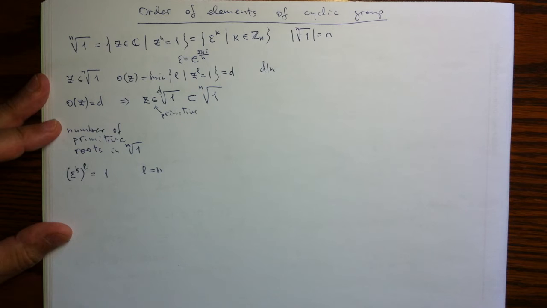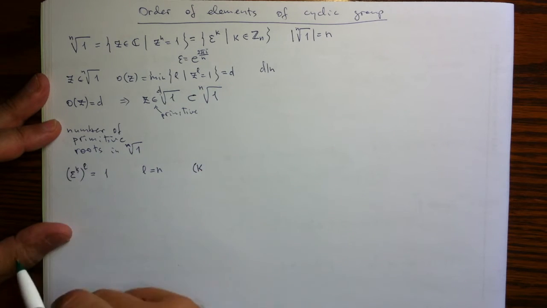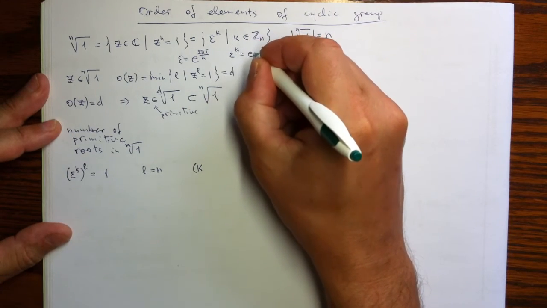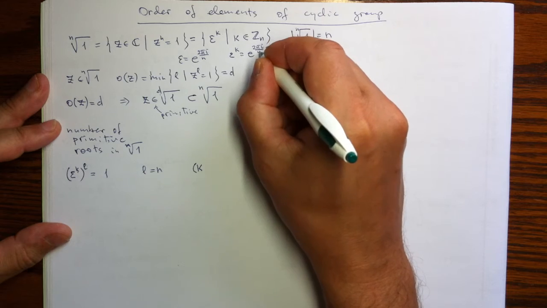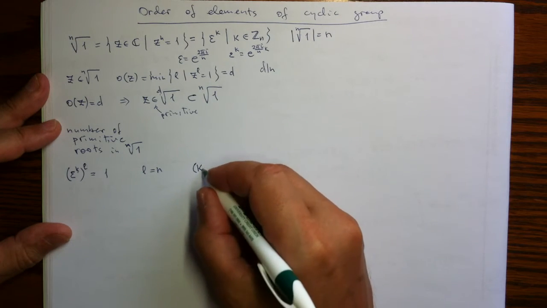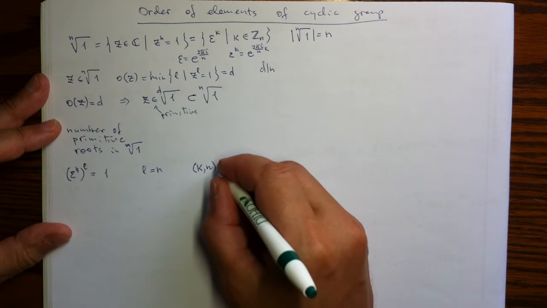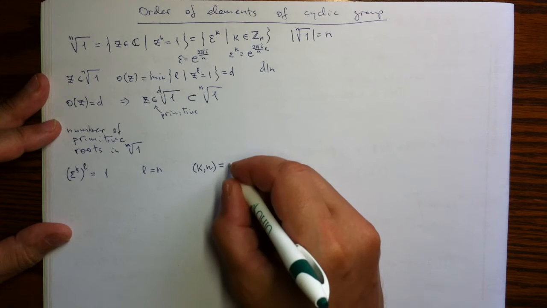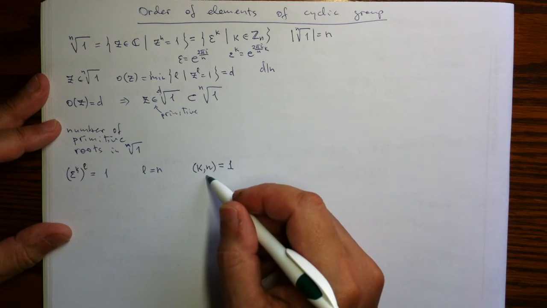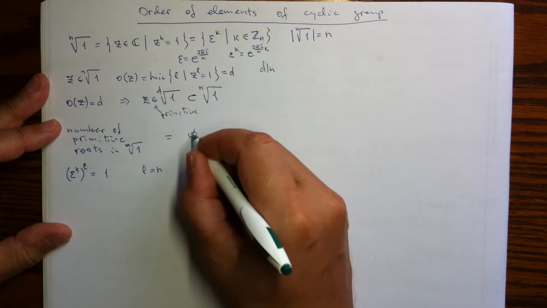So the condition for the corresponding complex number to be primitive as a root of 1 is that this label k is coprime to n. The number of such considered mod n is counted by Euler's function.